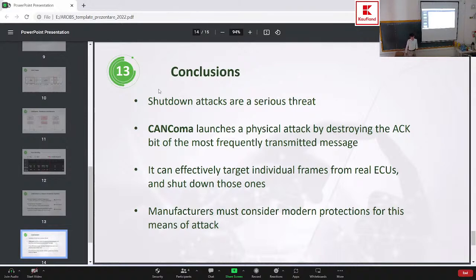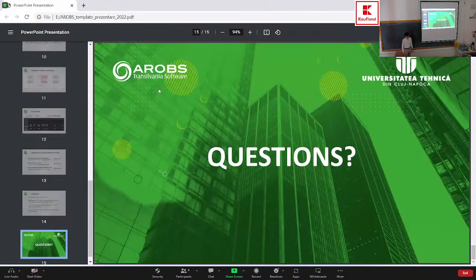And the last thing I would say is that manufacturers must consider modern protections against these means of attack. Thank you. If there are any questions.